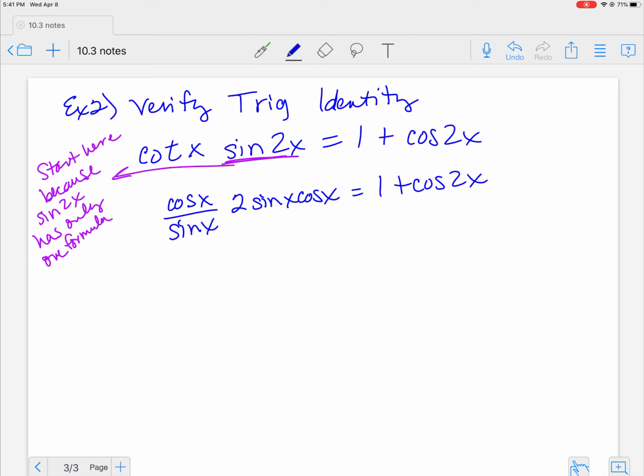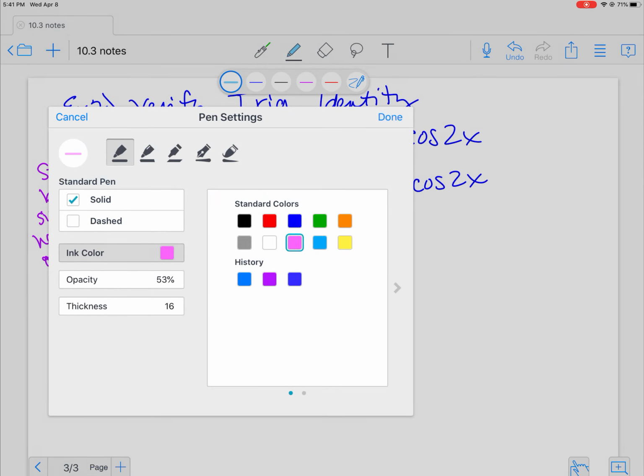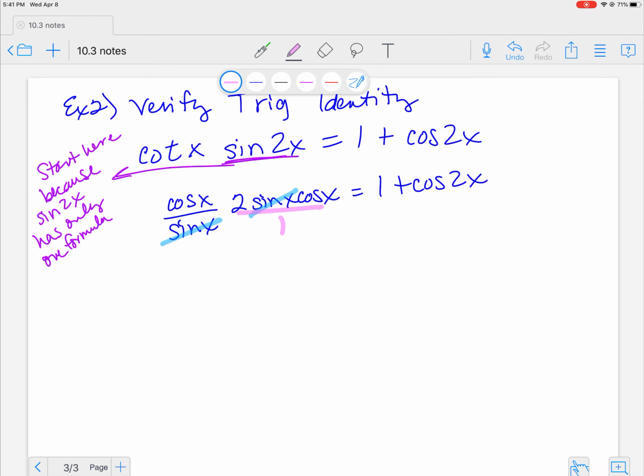So I'm also going to convert cotangent to be in terms of sine and cosine. So cosine x over sine x, and then 2 sine x cosine x, and I'm not going to mess with this side yet. But look at what just happened. Now, I have my sine on the bottom, which cancels out the sine on the top, right?